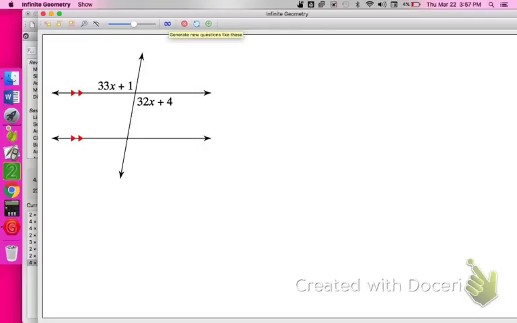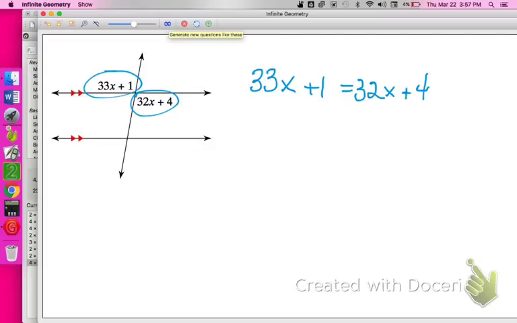All right? Look at these. Do they look equal, or do they look like they're not equal? Notice that they are diagonal from each other. Remember, these are called vertical angles. And all vertical angles are equal. So there you go. Don't have any negatives this time.